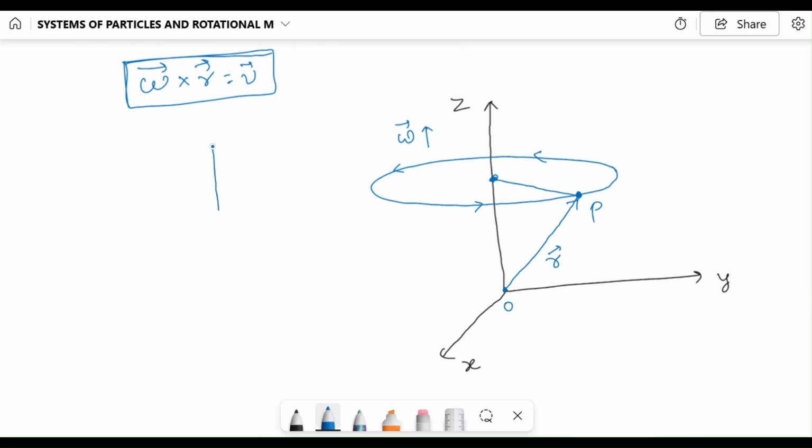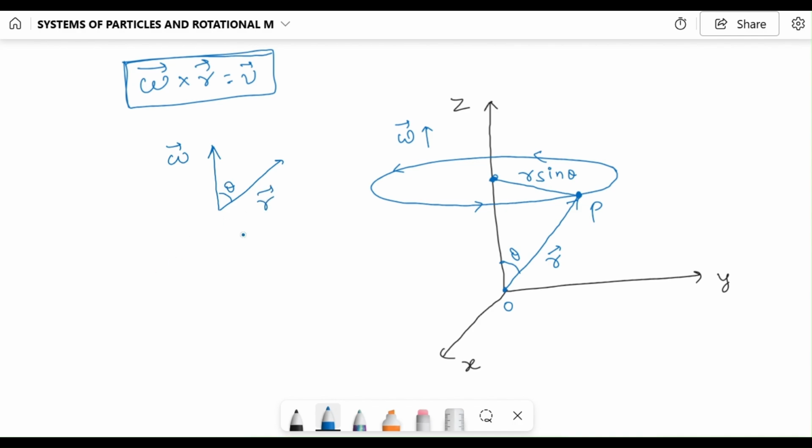We know that we can parallelly shift vectors without rotating them or changing their magnitude, so these vectors remain the same. So this is the omega vector and this is the position vector, and if the angle between them is theta, then this length is r sine theta, which is the perpendicular component of the position vector.